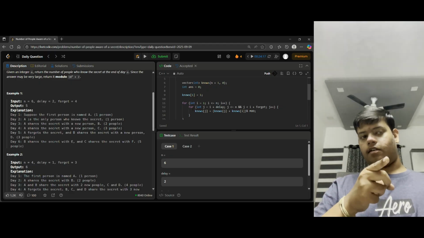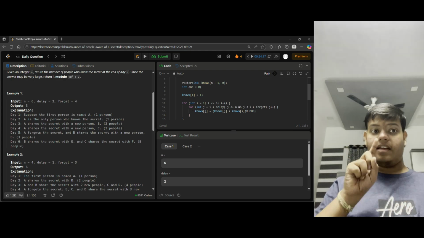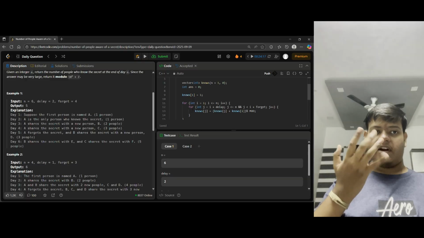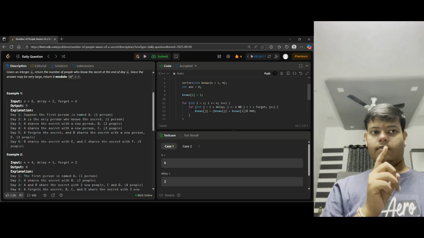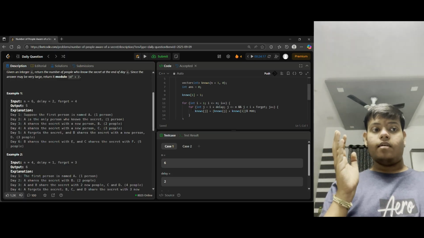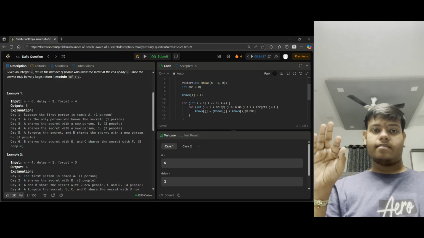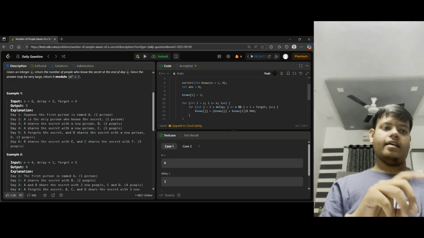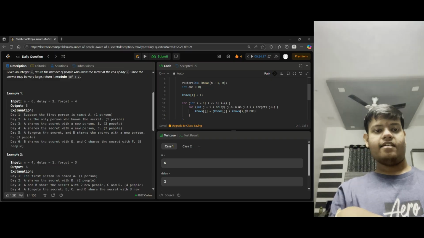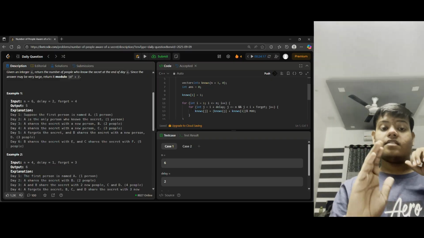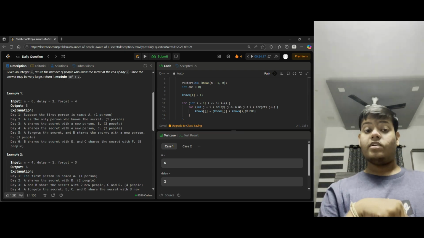In the given problem, n is equal to 6, delay is 2 and forget is 4. So from day 2 to day 4, person 1 can spread the secret. Suppose the first person knows the secret on day 1, and he can start spreading at 1 plus 2, which is 3.